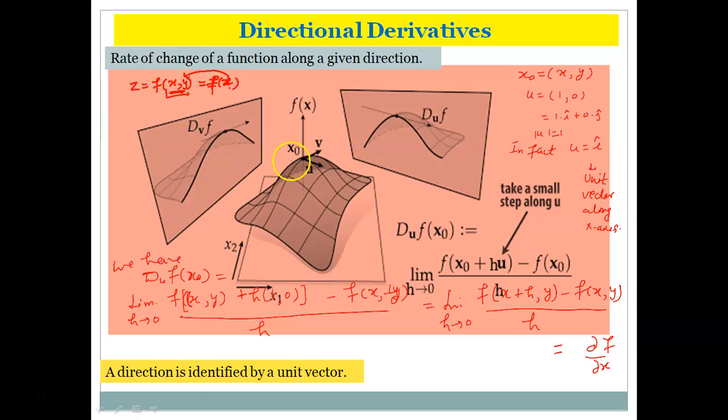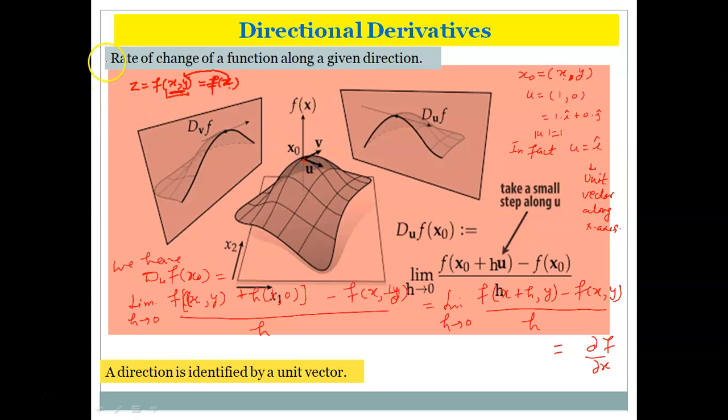So now, if this is the point x naught, and let the two coordinates of this point x naught be x, y. Now we want to find the directional derivative of this function at this point.